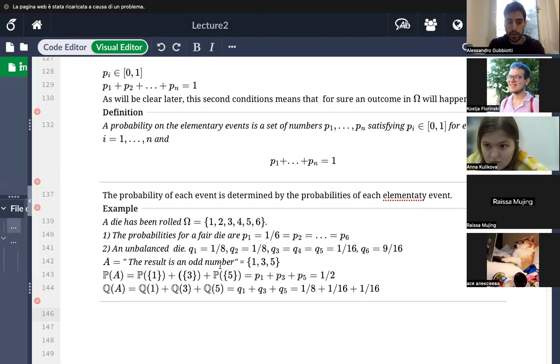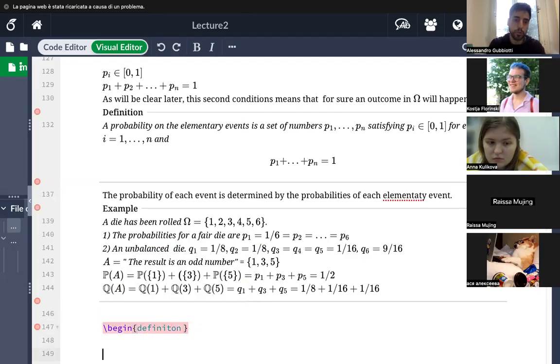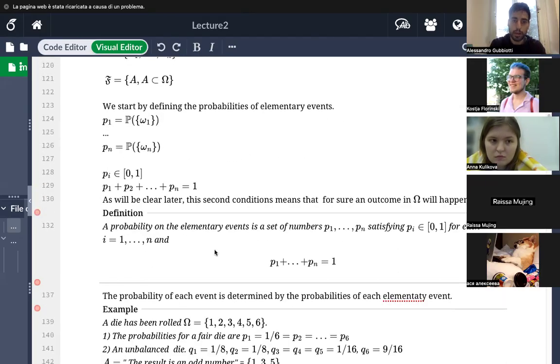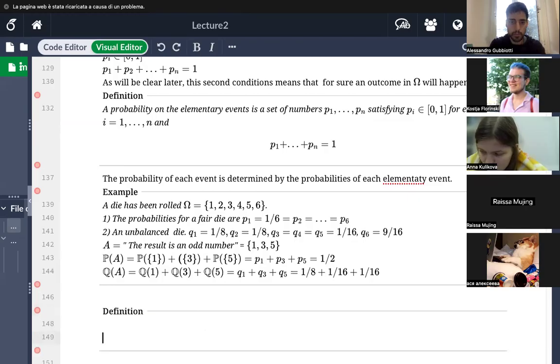So let me give a definition. The definition of probability associated to the probabilities of the elementary events. So let P1, ..., Pn be a probability on elementary events.